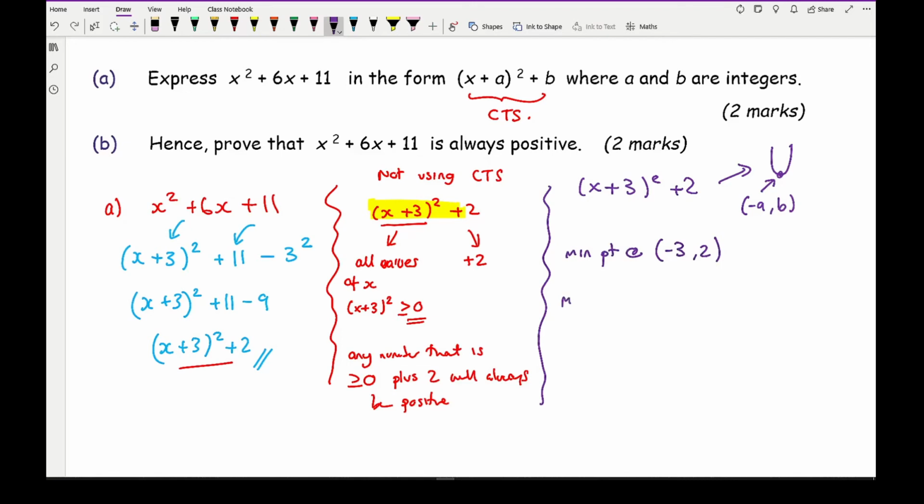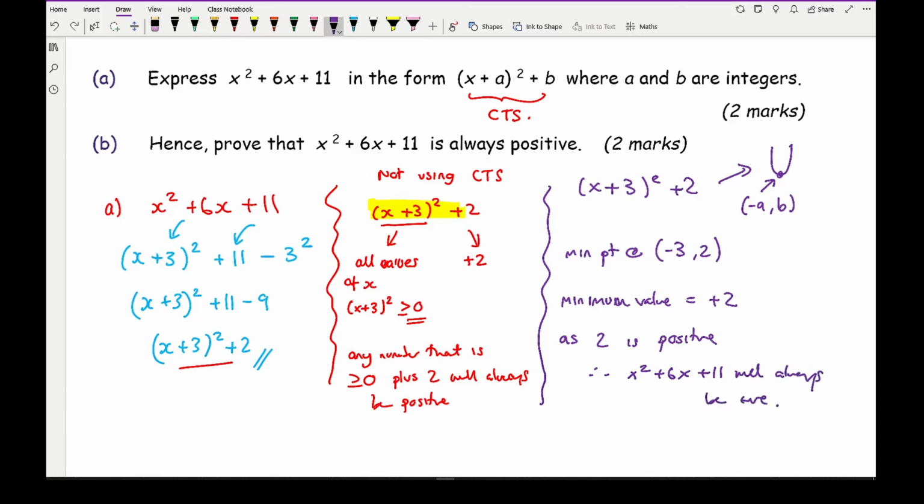So its minimum value is equal to positive 2. And as 2 is positive, therefore x squared plus 6x plus 11 will always be positive.